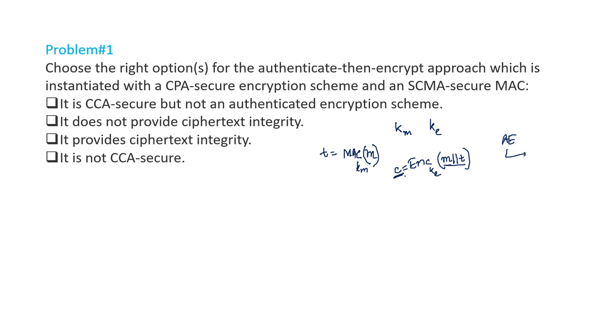That kind of attack is possible here also, to recover the underlying M concatenated with T in its whole, and then the CCA security is broken. So that is why we can say that it may not even be CCA secure, and it may not be an authenticated encryption scheme.